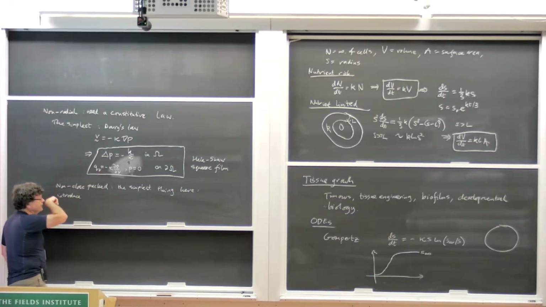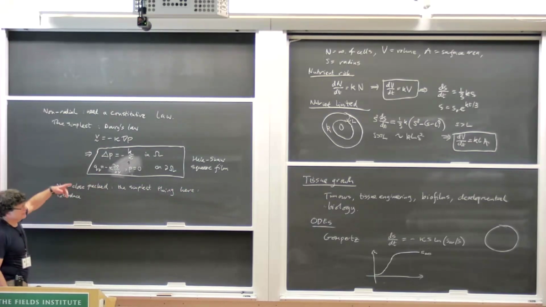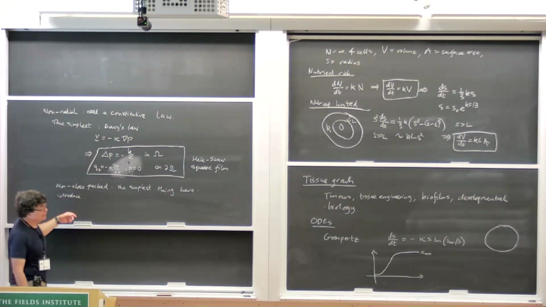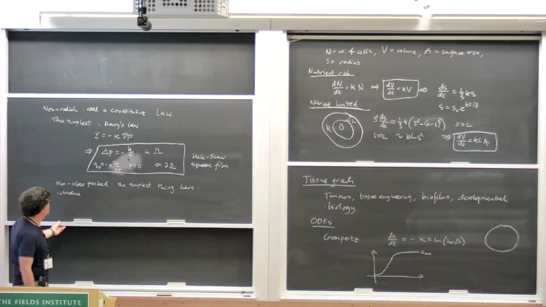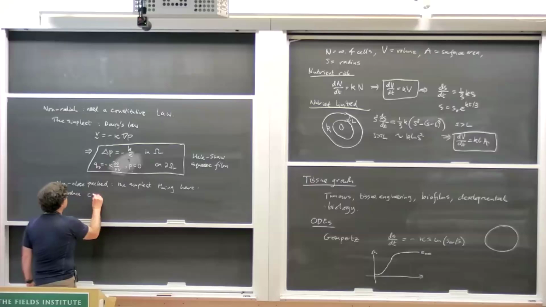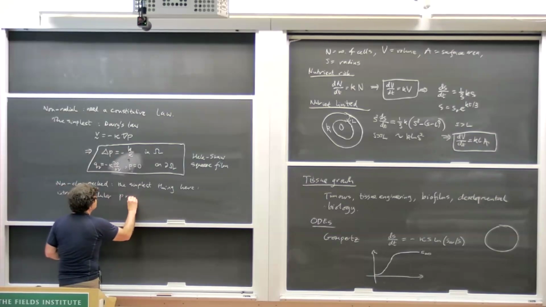P is the pressure between cells, but it's the incompressible scenario where it comes out as part of your solution. If the thing's not close packed, the cells essentially feel around to know how many others are nearby. So I'm going to specify cellular pressure as a function of n, and then use Darcy again.